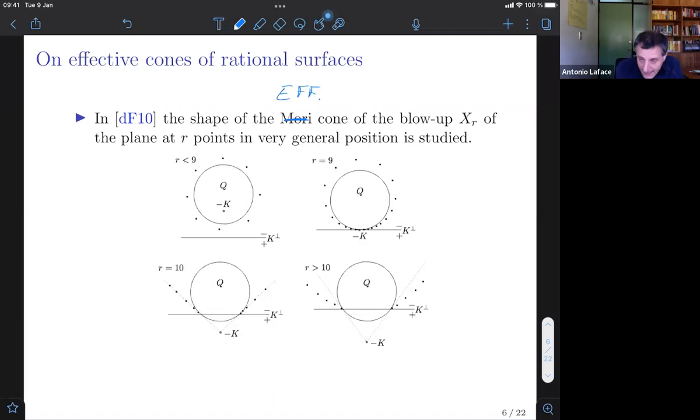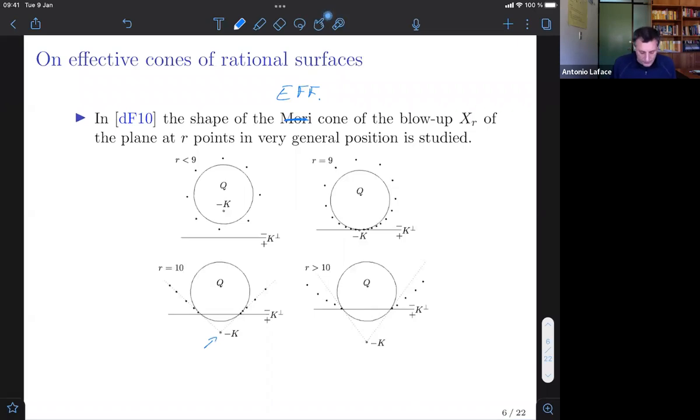When you blow up 10 points, still infinitely many, but these curves lie on a cone of vertex -K. And finally, if you blow up more, then these curves go outside this tangent cone obtained from -K to the light cone. So the picture is a little bit different.